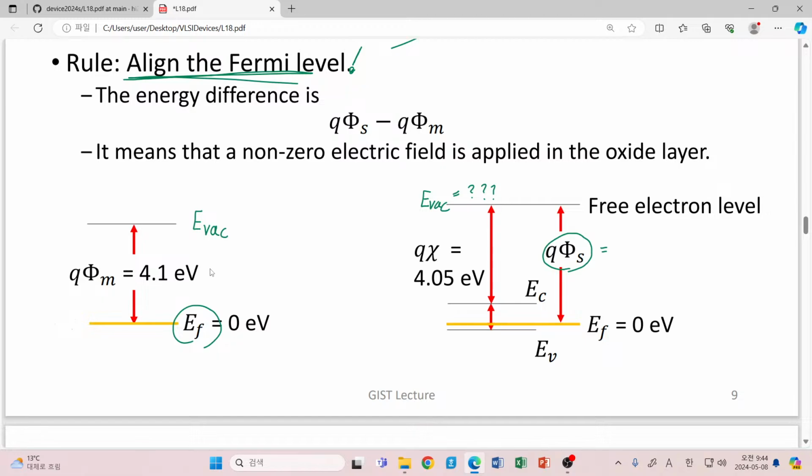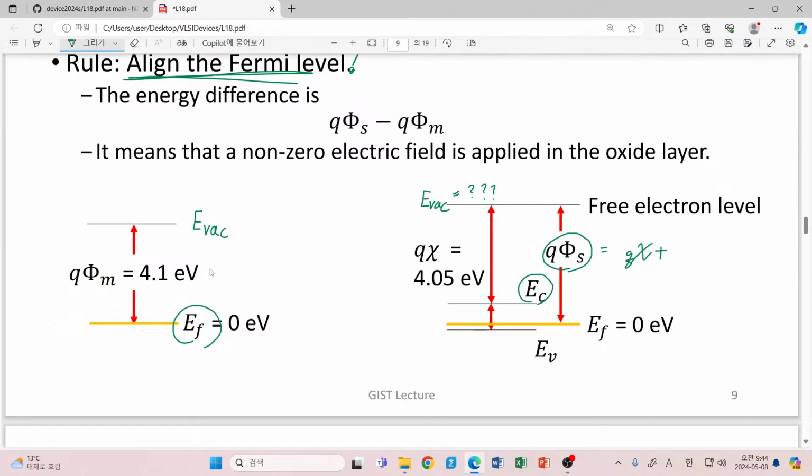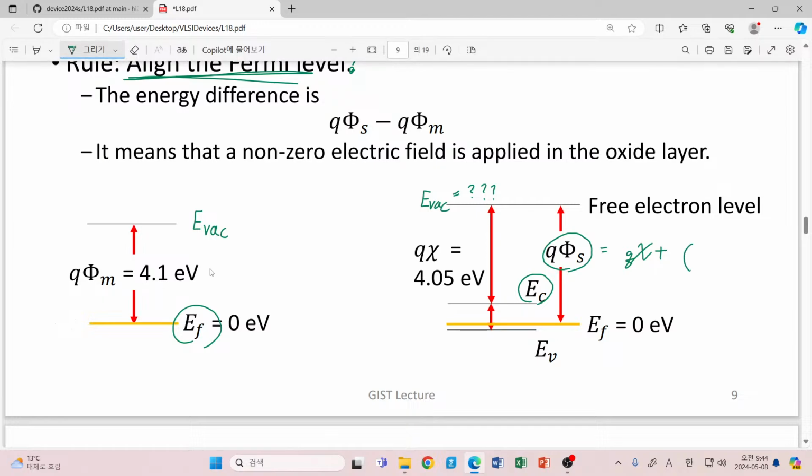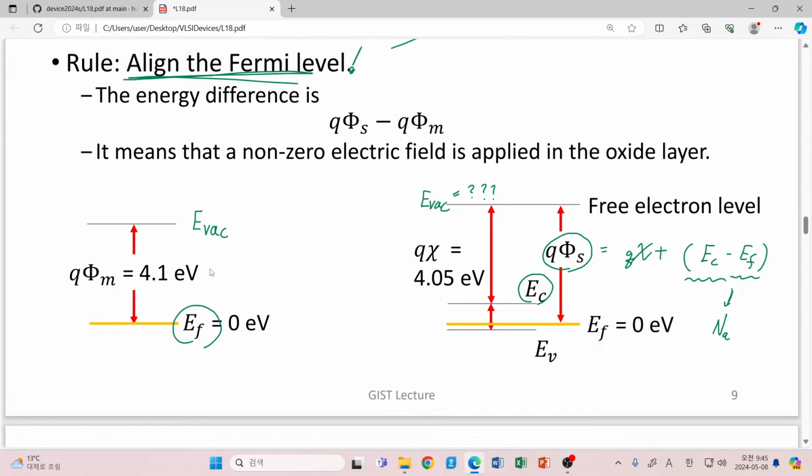One quantity corresponds to the electron affinity, the distance between the vacuum level and the conduction band, and we also have the energy difference between the conduction band and the Fermi level. And this difference, conduction band and Fermi level, is obtained from what? You can calculate it from your acceptor density. So depending on your acceptor density, your actual semiconductor work function can be different.